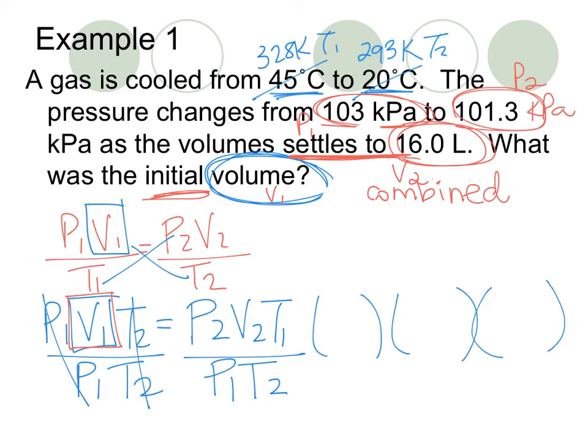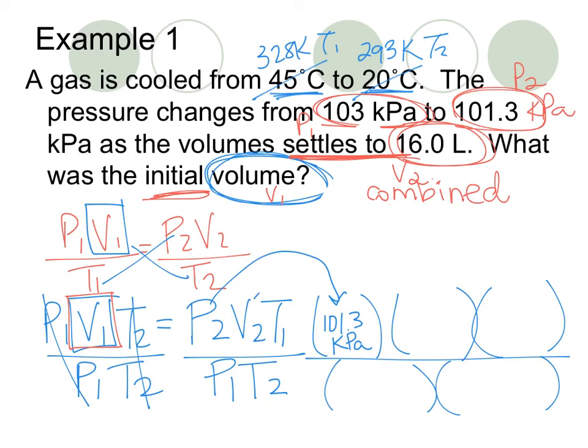So I've got 5 spaces for my 5 numbers. You don't have to draw arrows. I'm merely just showing you where I'm getting all this stuff. So my P2 is 101.3 kilopascals. My V2 is 16 liters.